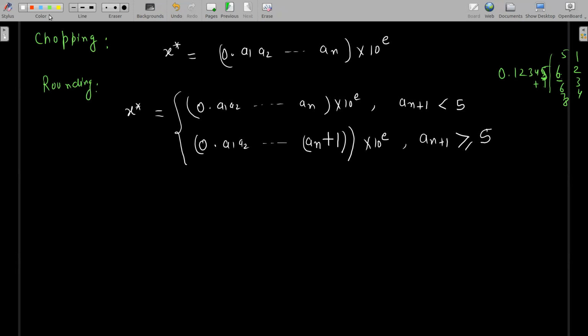For example, let us take the number 6 by 7. It will be 0.857142 etc. Its approximation will be 0.85.